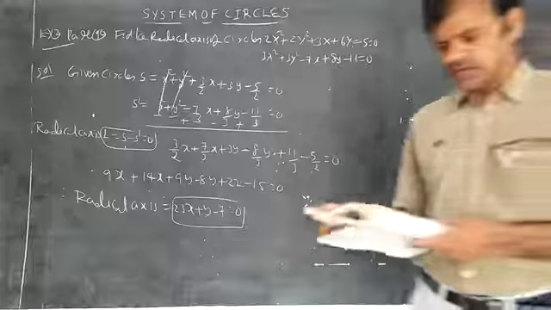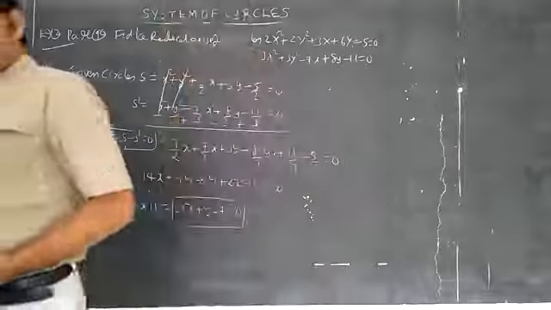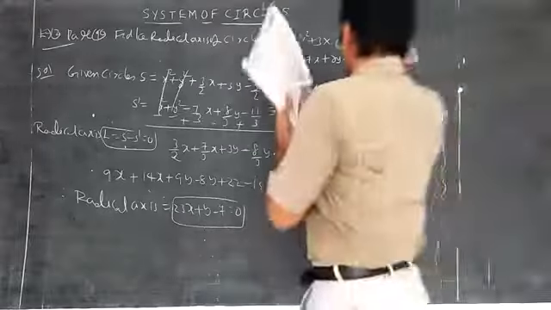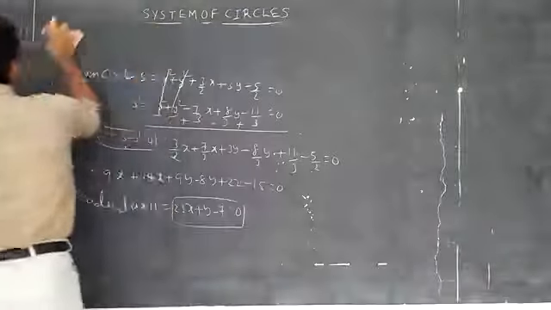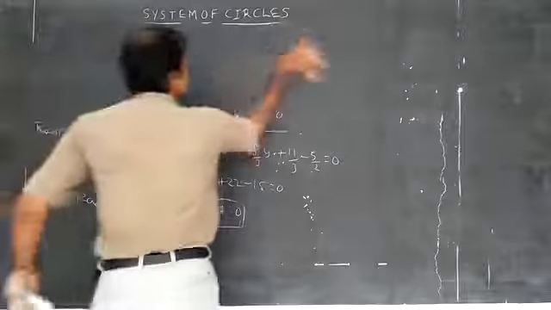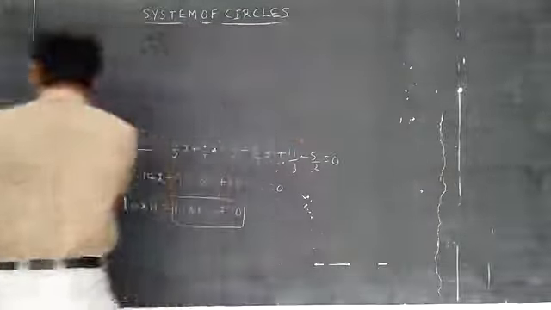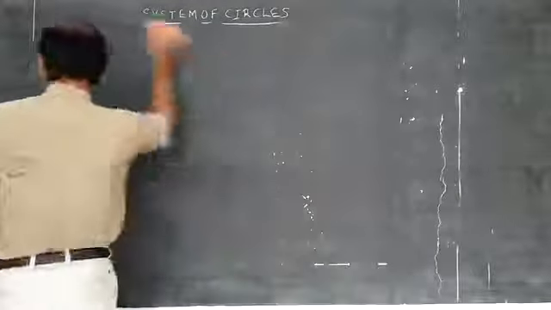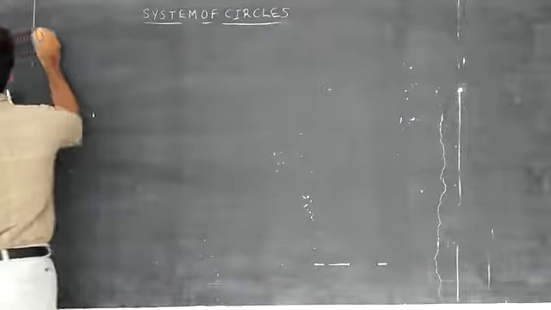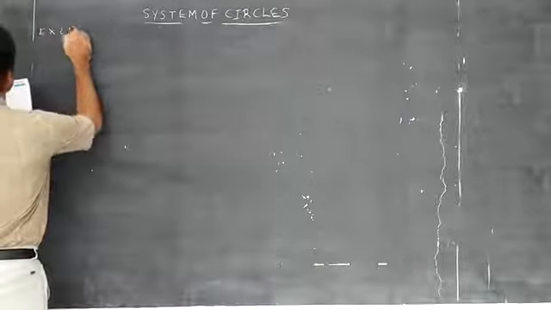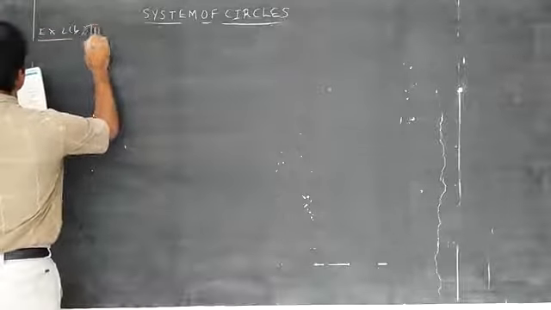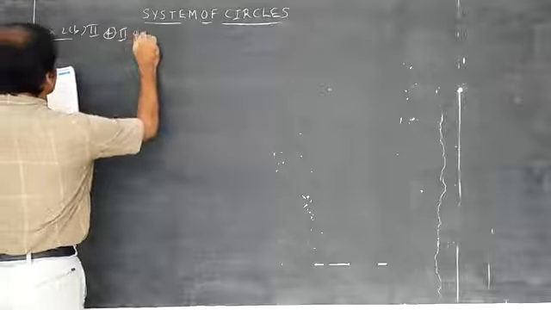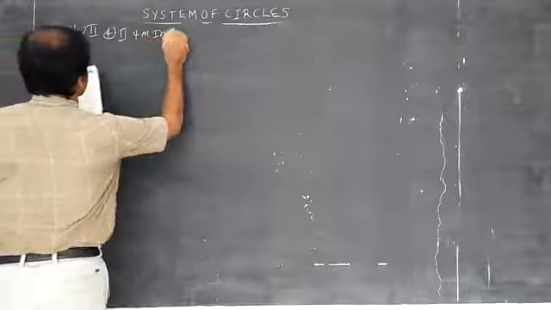In page number 99, Roman number 2, fourth one, second question, I am discussing with you, because standardization is required in that sum also. This is Roman number 2, fourth one, second question, a 4 marks question.